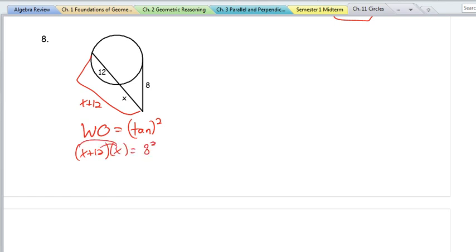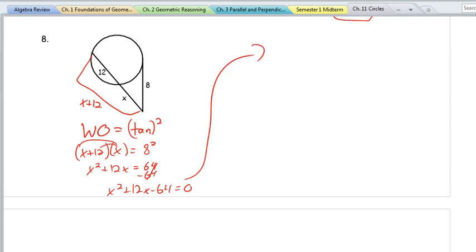So that's going to be x squared plus 12x equals 64. So x squared plus 12x minus 64 equals 0. Let's go ahead and continue this up here. I guess I'll just rewrite it. That'll be the easiest. x squared plus 12x minus 64 equals 0.